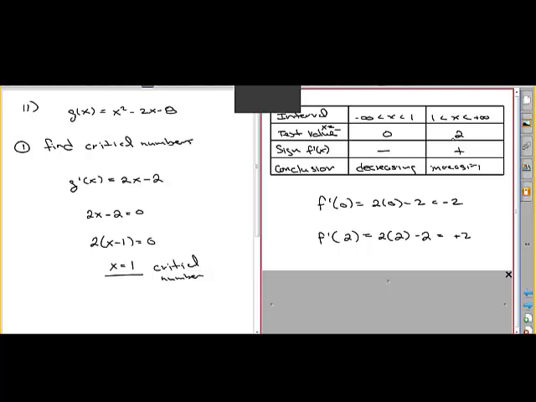And here we put in 2. 2 times 2 is 4, minus 2 is positive 2, so we put a positive sign. So that's where those come from. And we make the conclusion based on the sign. Because the derivative is negative, the function is decreasing, and because the derivative is positive, it's increasing. And that's all we had to do for that problem.